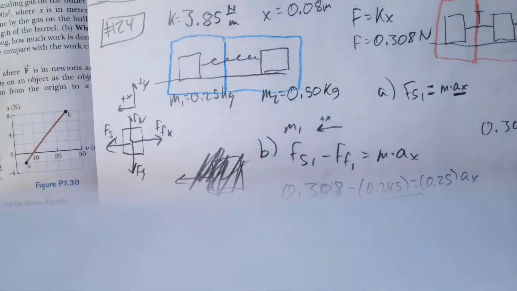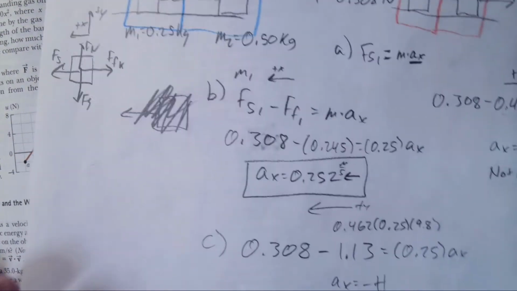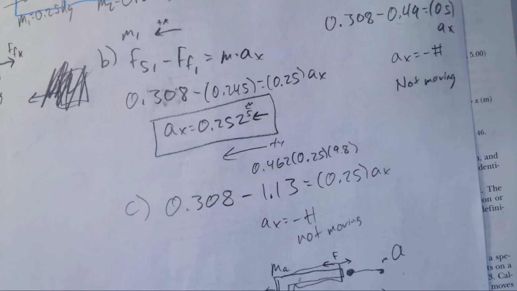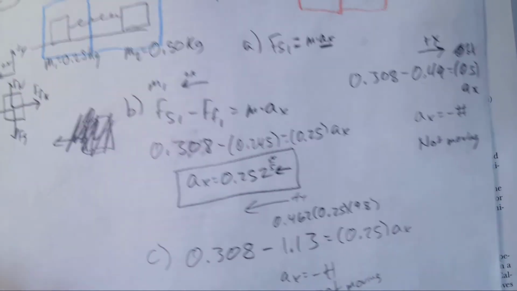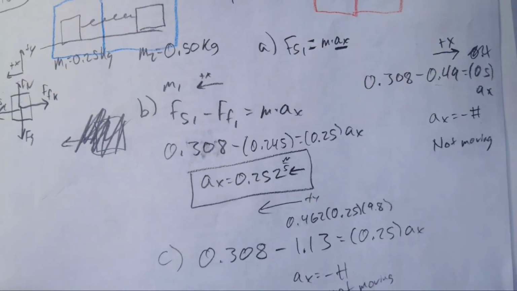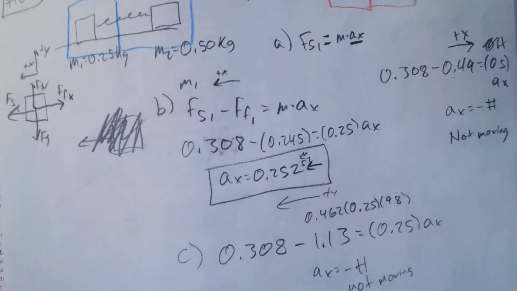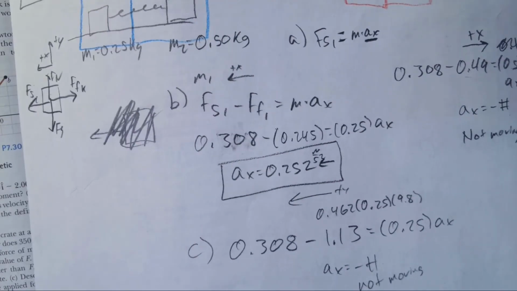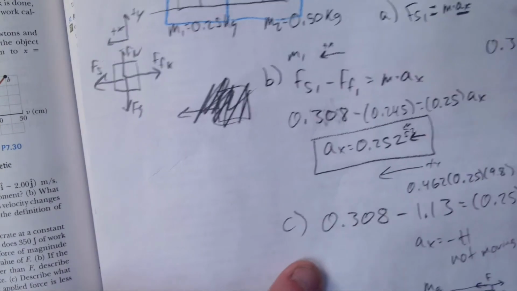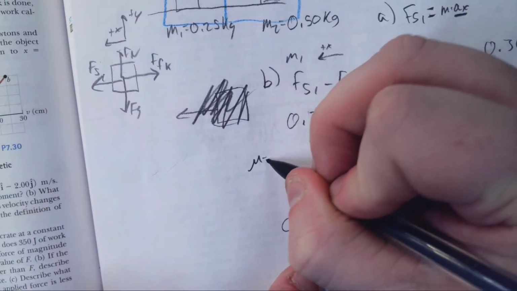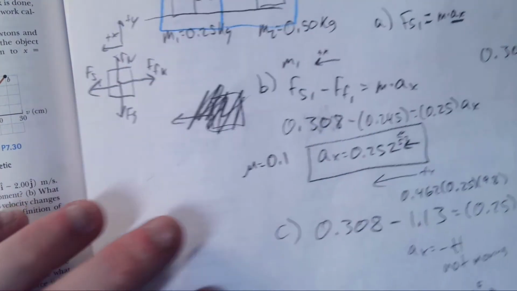For part B, I do have this worked out. I'm sorry for the mess, I was basically not planning on showing any of this. So for the second one, they're saying, okay, what is the coefficient of friction? Now the coefficient of friction for this one is 0.1.